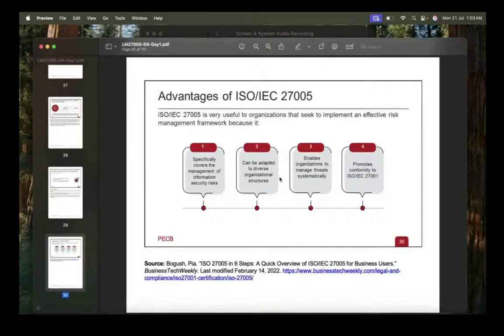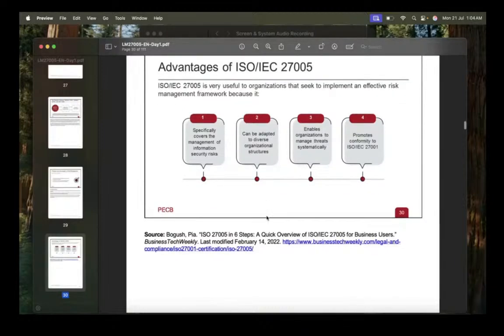So 27001 and 27005 are related, as 27005 promotes conformity to ISO 27001. So these are 4 important points to be noted here: what the advantages are and how it is helpful to have an ISO standard. It covers the management of information security risk.